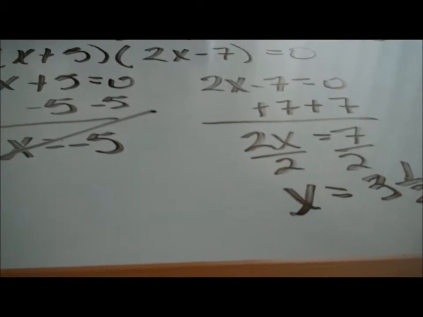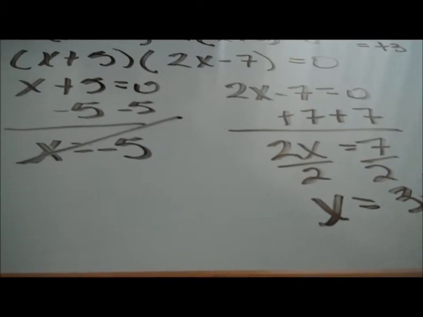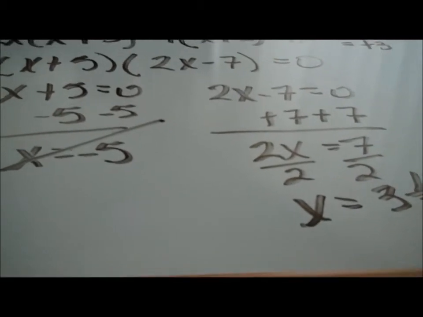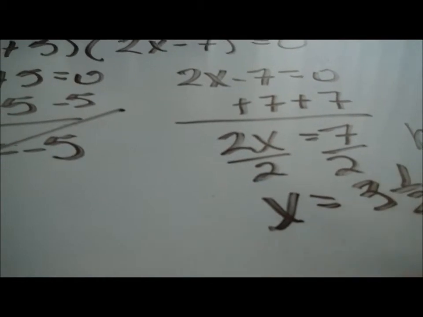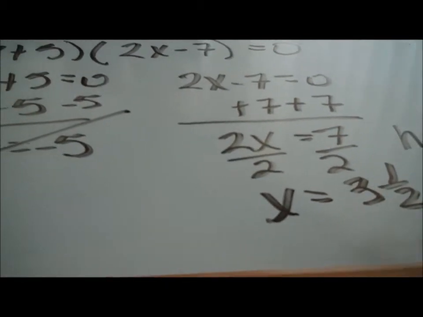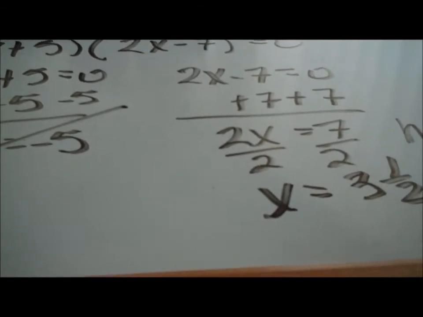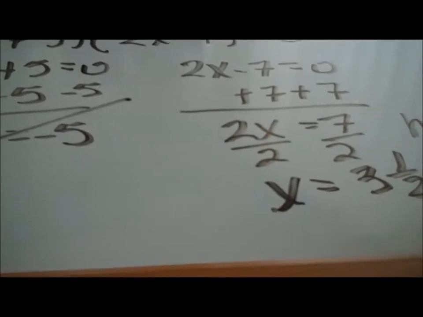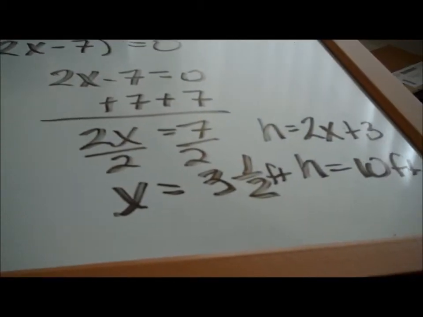Yes, this is our base. And then to find the height, you would substitute this back into the very beginning where we said the height was 2x plus 3. So 2 times this would be a full 7 feet, plus 3 would be 10. So that would be 10 feet, and this would be 3.5 feet.